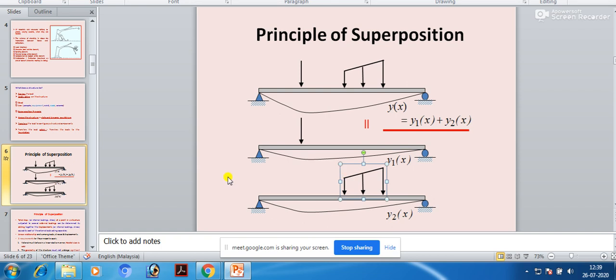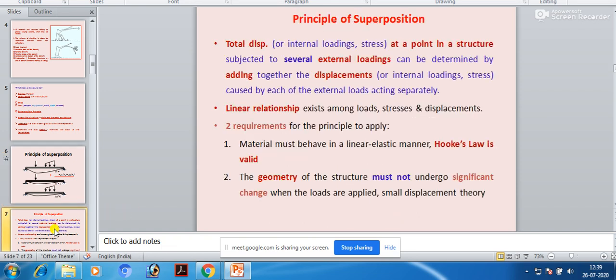What it actually says, theoretically, is the principle of superposition: the total displacement of any structure. When you think about displacement, it may be because of internal loading or because of stress.